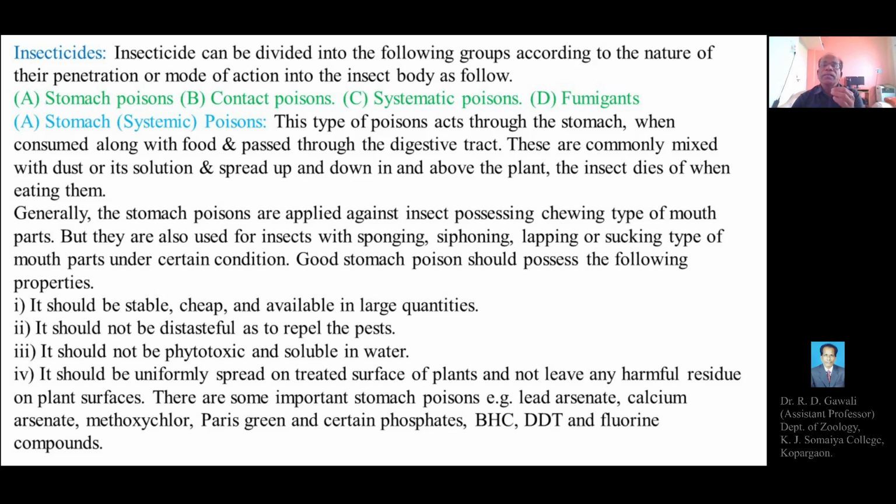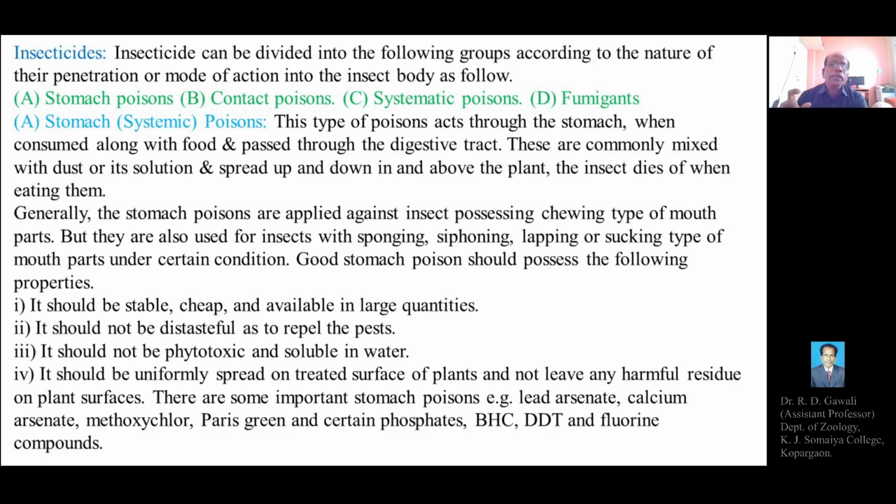Some are foliage feeders, some are sap suckers, some feed on flowers or nectar, some are borers, some are leaf miners, some are root borers. These different categories with different feeding habits can also be controlled using stomach poisons.